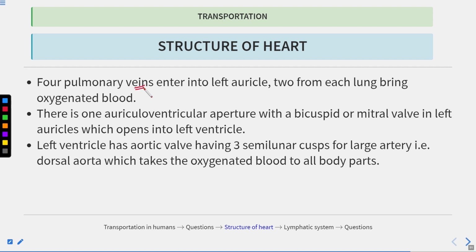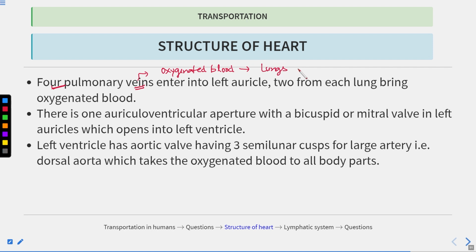Now, four pulmonary veins. Pulmonary veins are of four kinds, or you can say four pulmonary veins are present. I've already told you, they carry the oxygenated blood. Usually veins carry deoxygenated blood, but the pulmonary vein carries oxygenated blood from the lungs towards the heart.